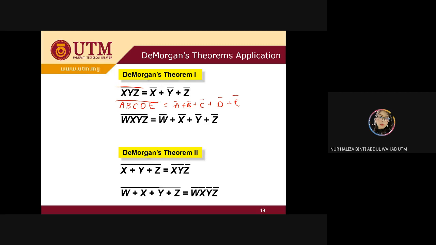And the representation will be, Allah banyak pula saya nak buat. 1, 2, 3, 4, 5. A, B, C, D, E. And then NAND gate.